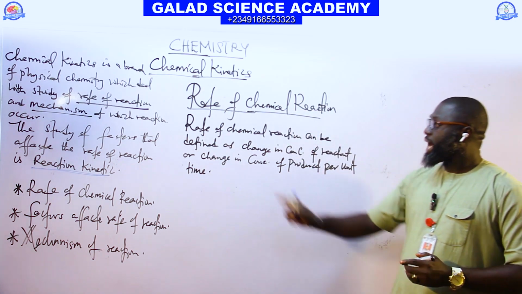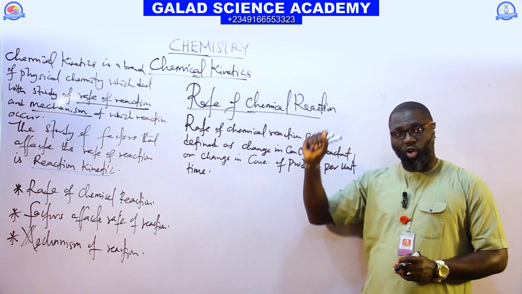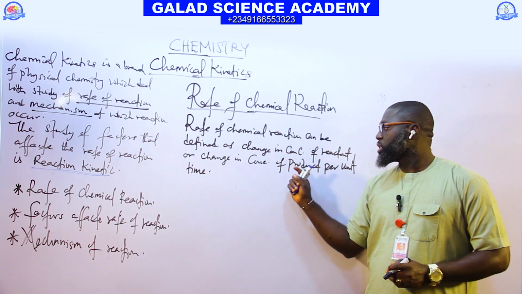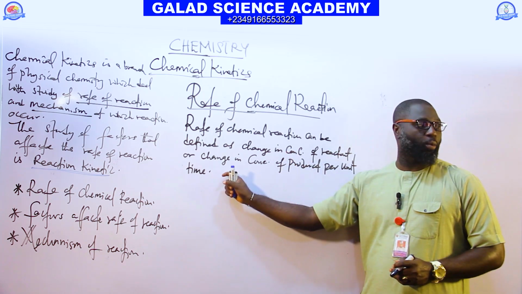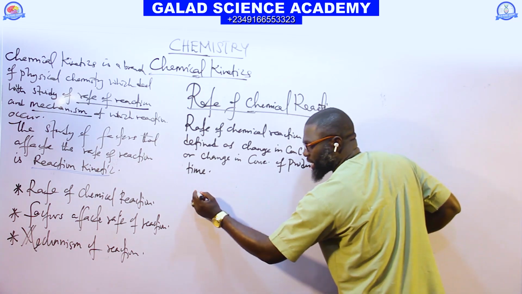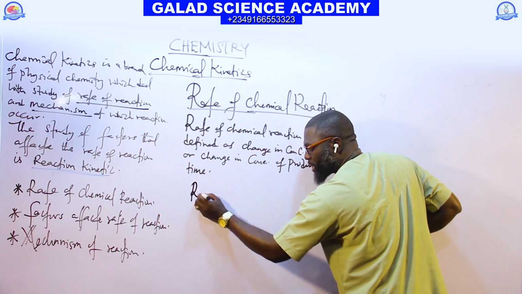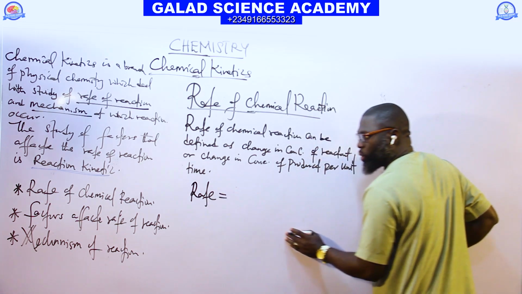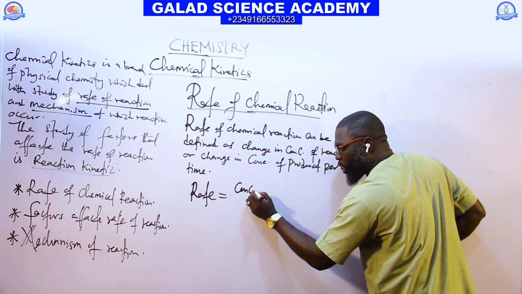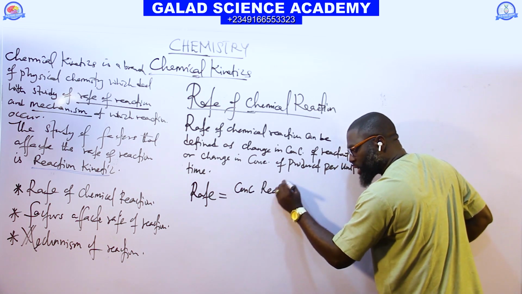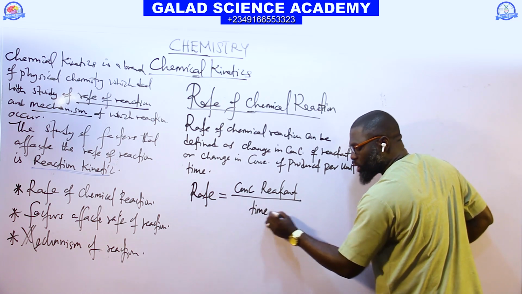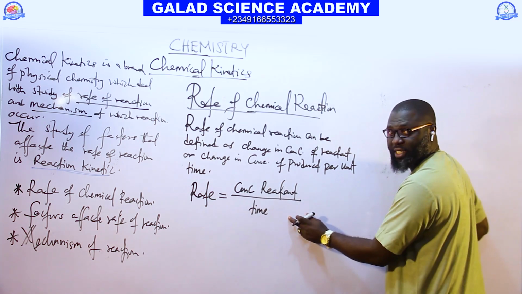So the rate at which a chemical reaction occurs can be defined as the change in concentration of reactants or of products per unit time. Let us look at it mathematically. The rate is equal to the change in concentration of reactants over time, divided by time.